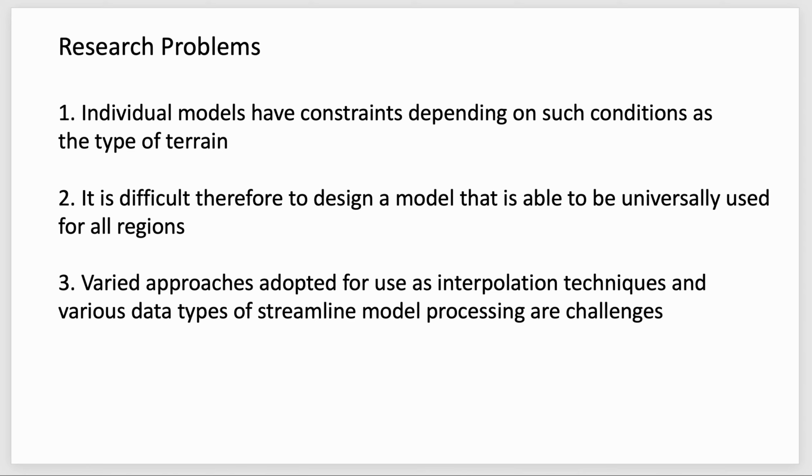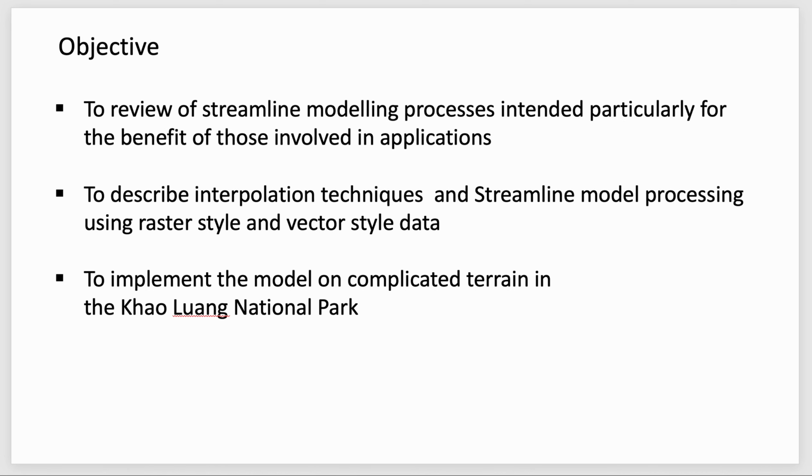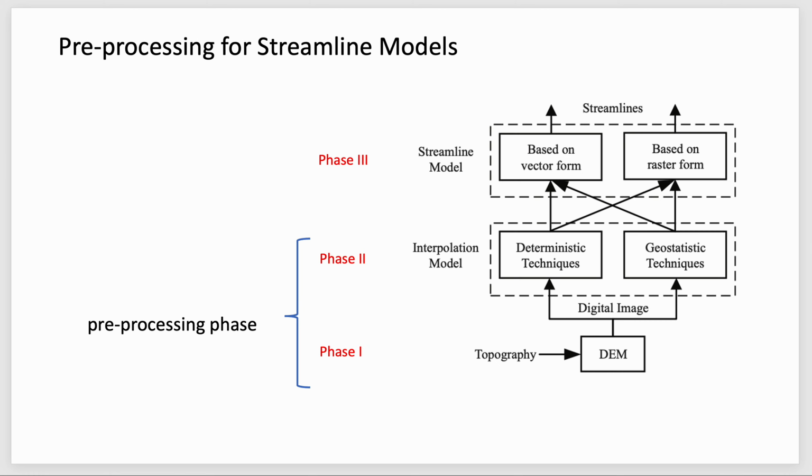The third problem is that the various approaches adopted as interpolation techniques and various data types for the streamline model process are challenges. The objective is a review of the streamline model process to describe interpolation techniques, and finally they implemented the model on the complicated terrain at Khao Luang Nature Park, Thailand.